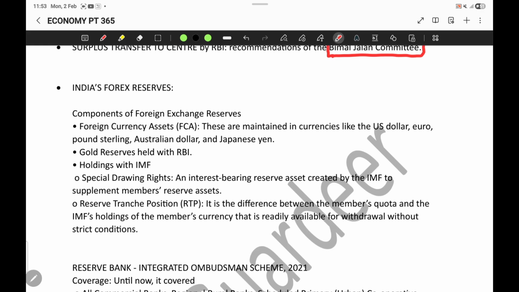Other countries' currencies will also be there, but it is majorly dominated by these currencies. Secondly, we have the gold reserves held with the RBI, which is also a foreign exchange reserve asset.